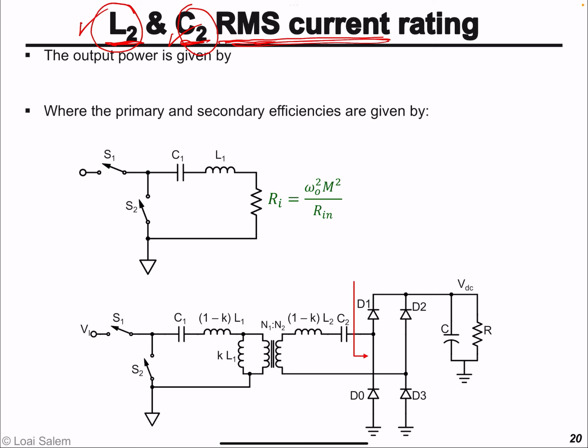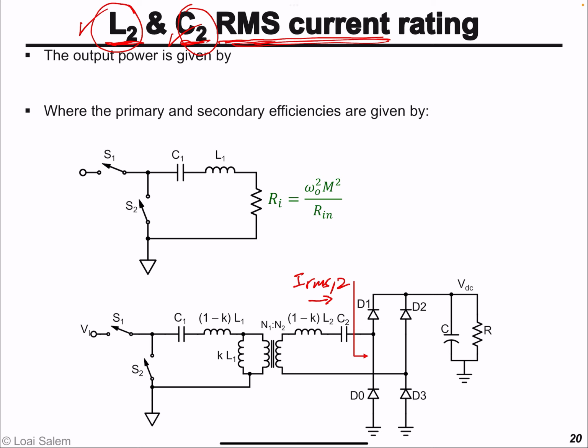So the question here is we need to find the RMS current on the secondary side. Okay, so how can we do this?